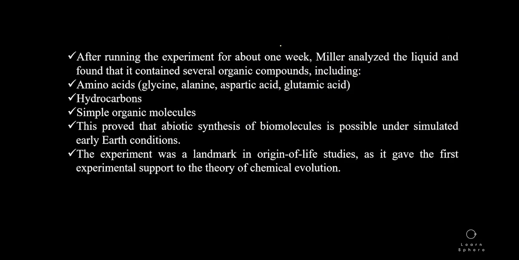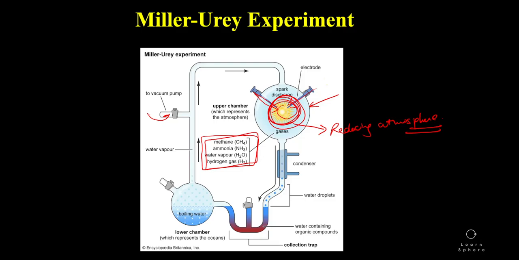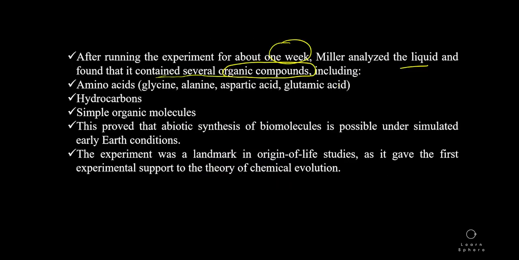After running the experiment for about 1 week, Miller analyzed the liquid and found that it contained several organic compounds. After several cycles of this experiment, he found some organic compounds in the apparatus.